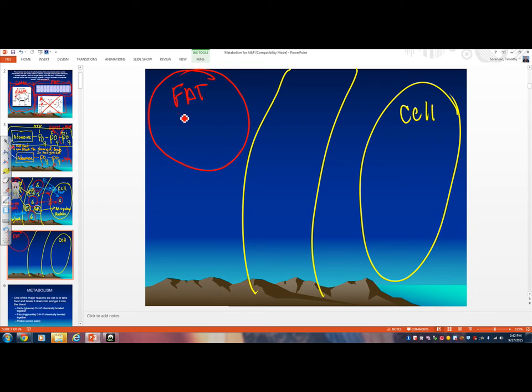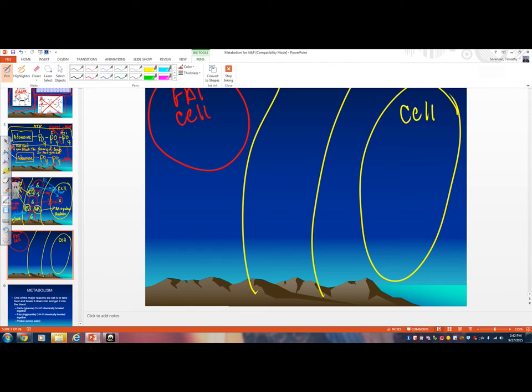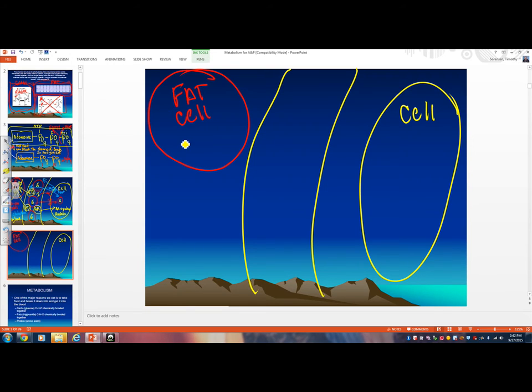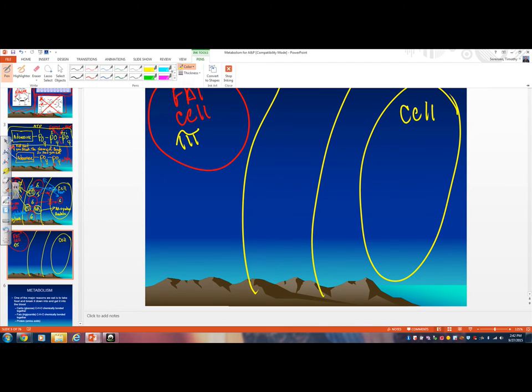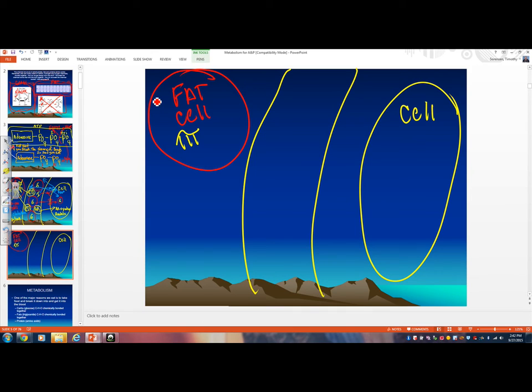So again, fat is in a fat cell, and it's stored in the form of triglyceride. So if you eat sugar and you are a type 1 diabetic and you do not have insulin, your blood sugar is going to go up.